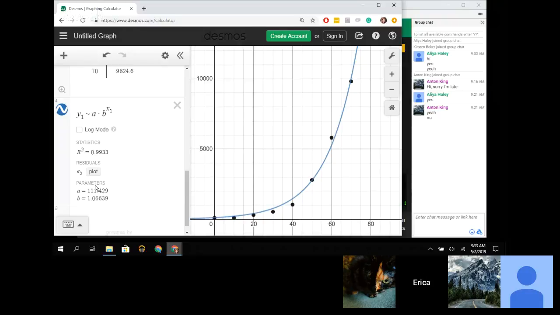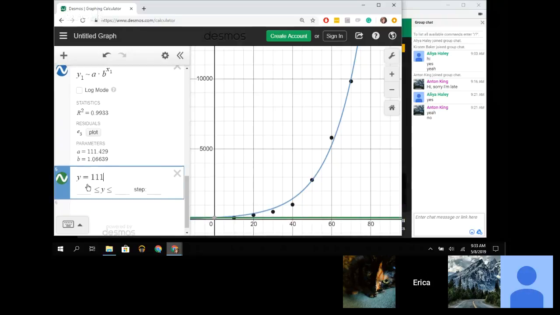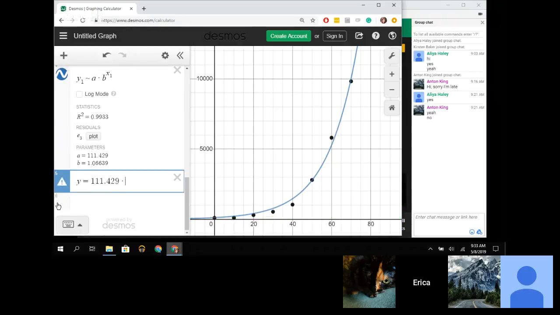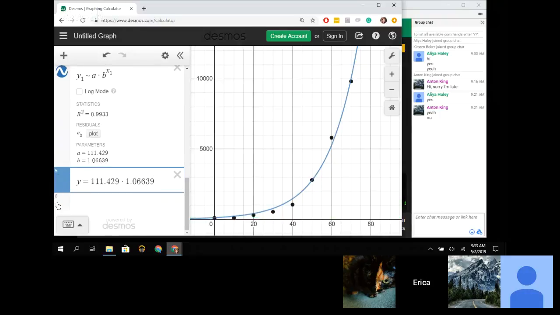I would say an exponential model fits best. And if I had to write down what this equation is, y equals, and then here's my a, 111.429 times 1.06639 to the x power. So that's how I take this a and b and put it into my model, and then it becomes an equation. So this is what I would write down as my best model for my data.